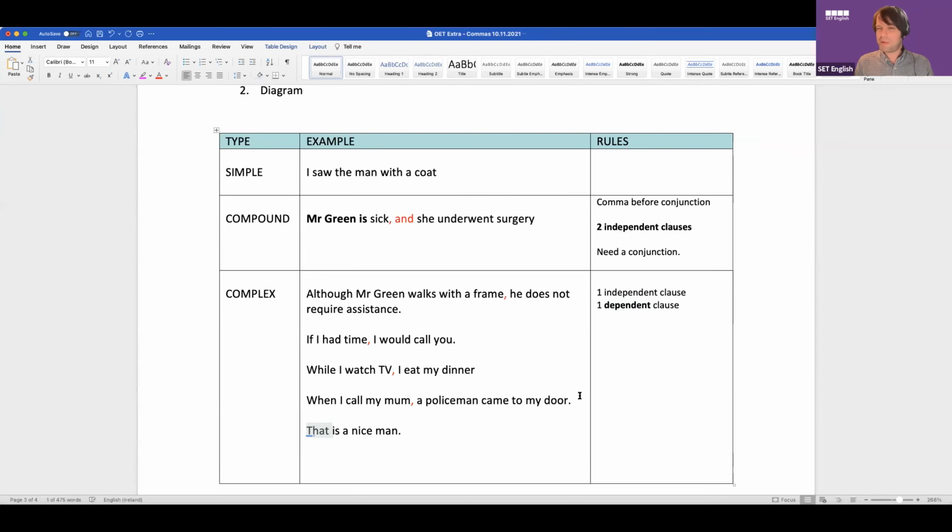Maybe it does actually, but this one's the dependent clause. You want to say something like, I saw my friend, comma, who is a nice man, right? If I just take this away, it doesn't make sense. It is dependent on the main clause.